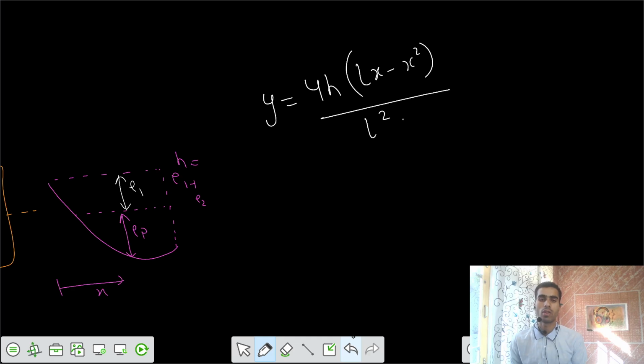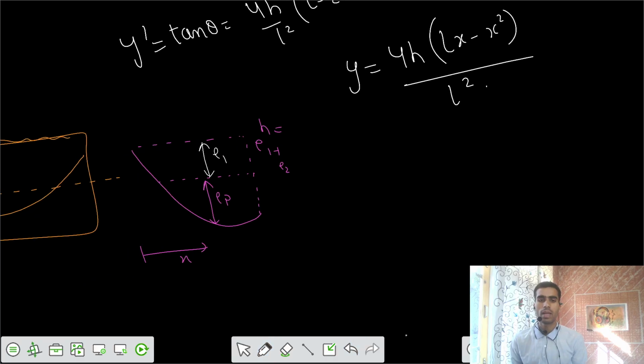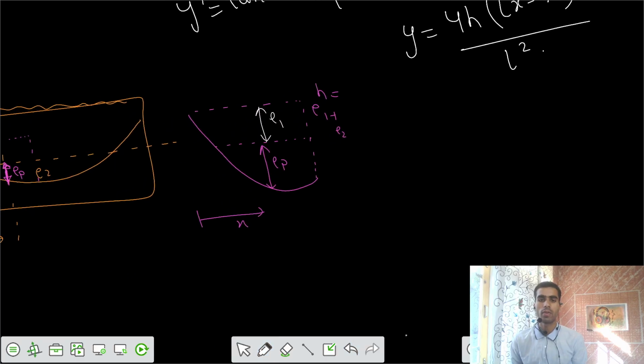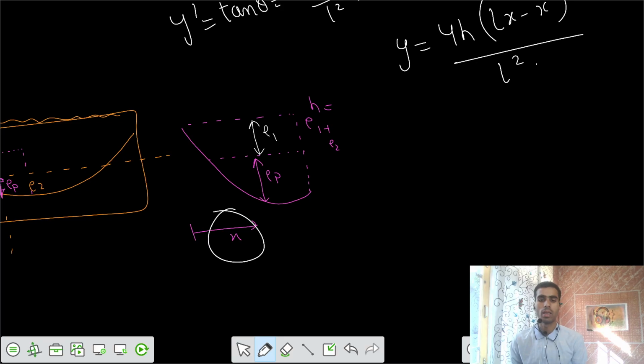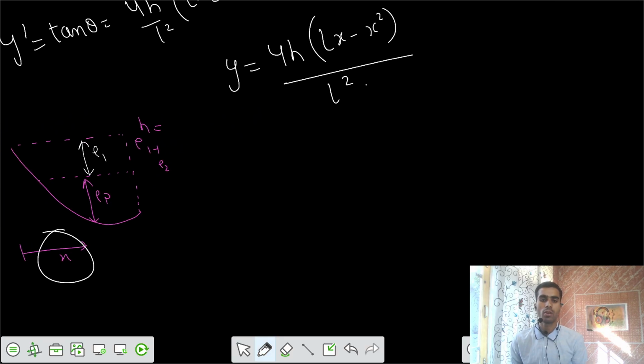This is your equation for that particular value of y. We also have y dash, that is tan theta, the slope. That is 4h by L square times (L minus 2x). And at the location of x, I need to calculate EP.